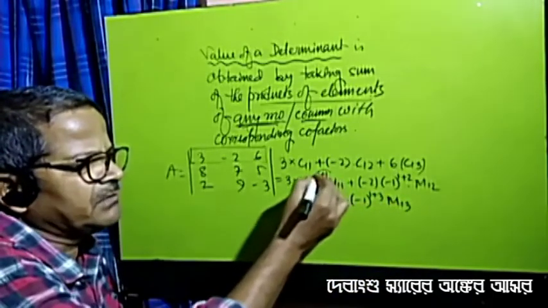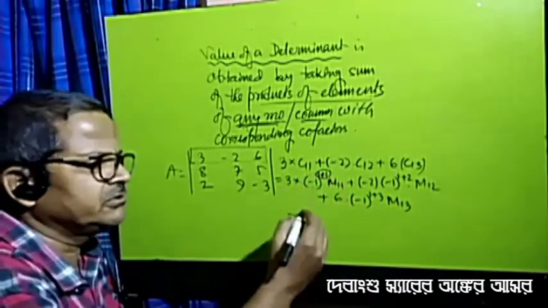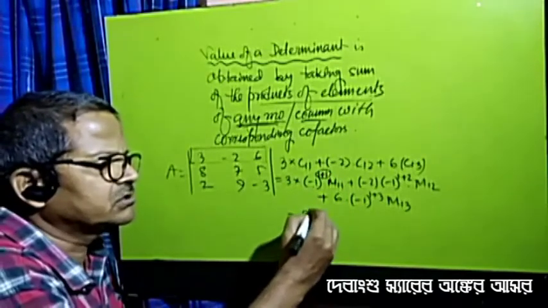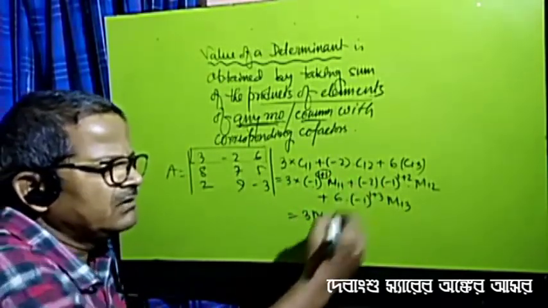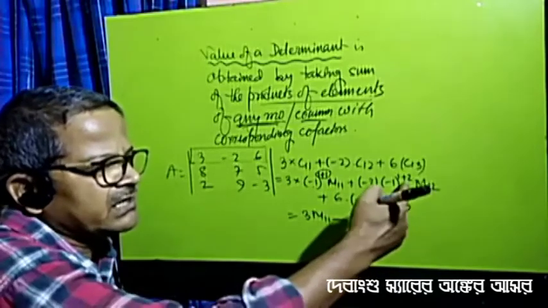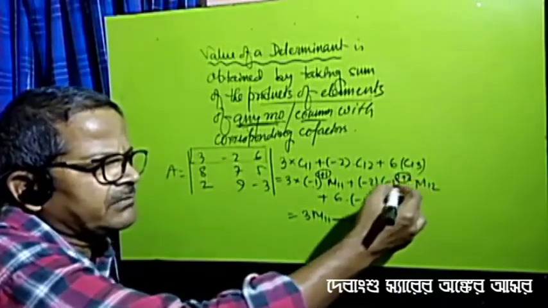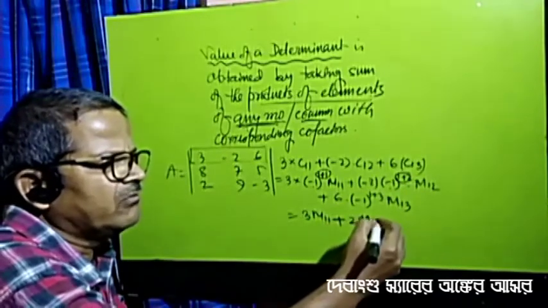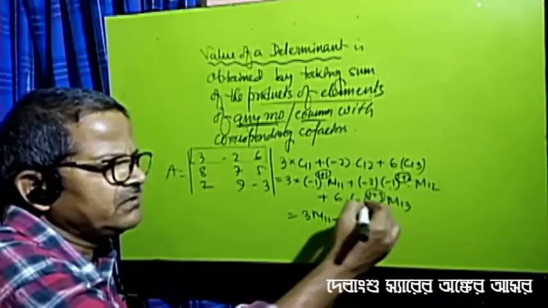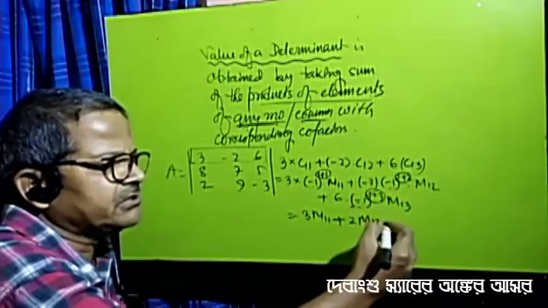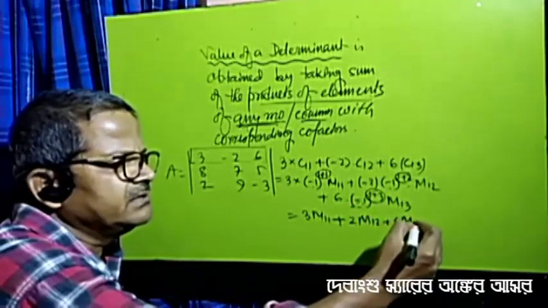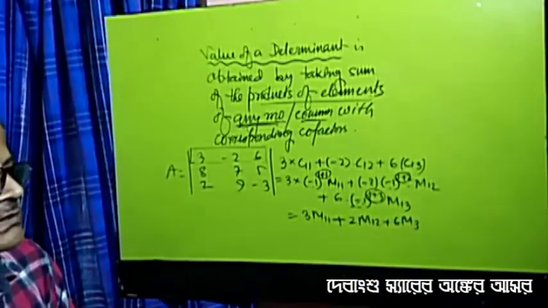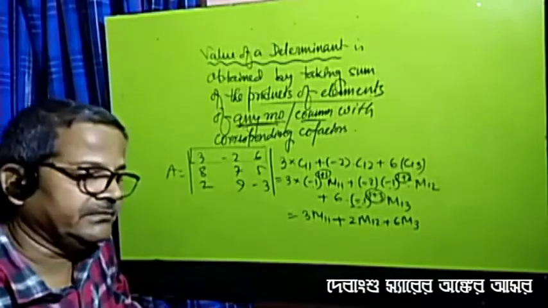Since 1 plus 2 is 2, minus 1 to the power 2 is plus 1. So 3M11, it is minus, again it gives you a minus 1, so it is plus 2M12, it is positive, it becomes even, so it becomes positive, plus 6 M13. This is the value of the determinant.